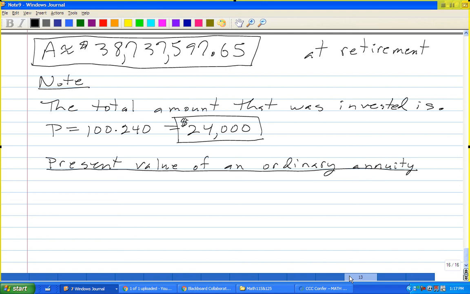That's called the present value: the value of the amount that you're inputting. The present value of an ordinary annuity is A0 equals P times 1 minus 1 plus R to the negative N, over R.